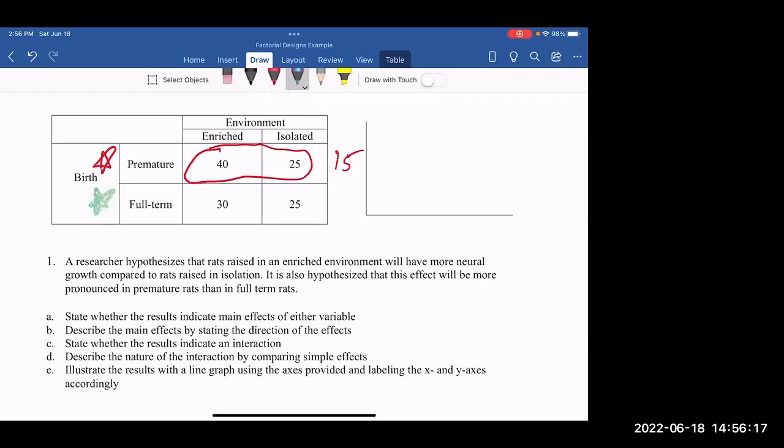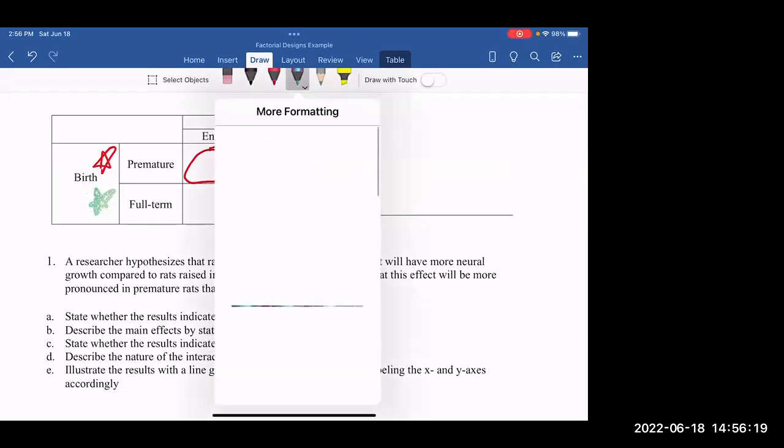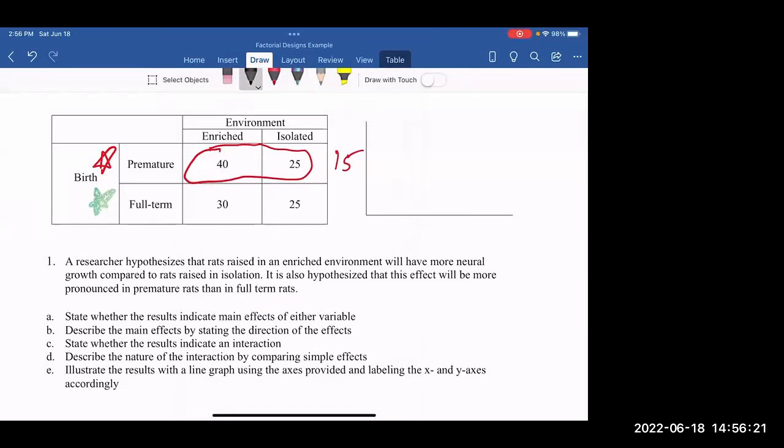the full term. Oh, that's obnoxious. Let me get another color. Now we're looking at the full term. Okay. And we see that there is a 5% difference.